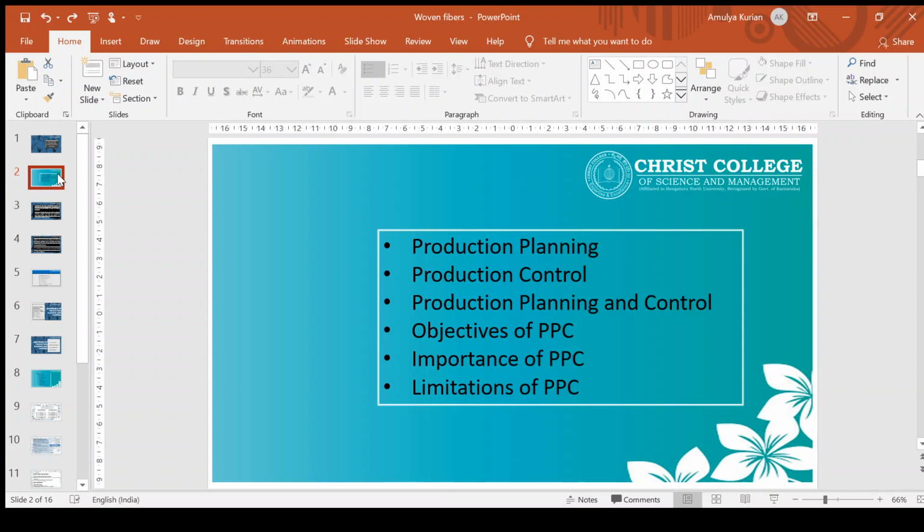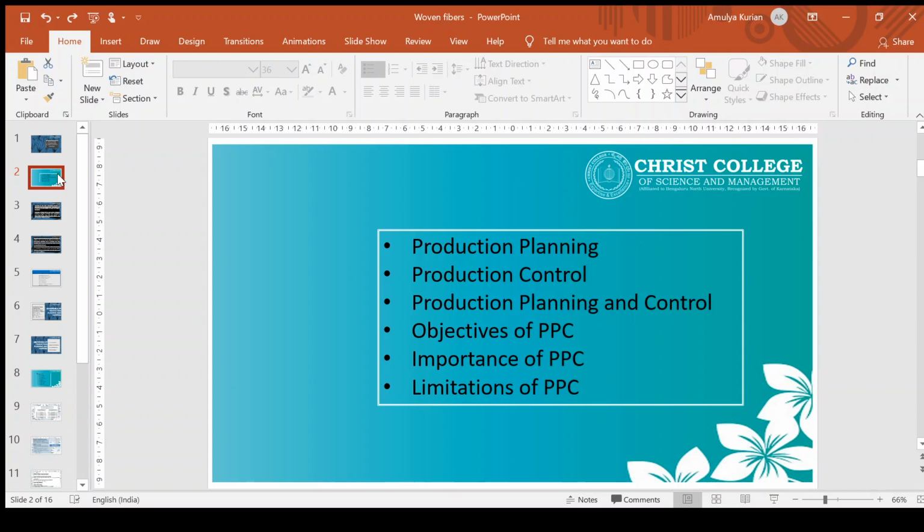Basically, we will be keeping these 5 R's in mind: right quality, right quantity, right place, right time, and right degree. These things will be taken care of when we are doing production planning.